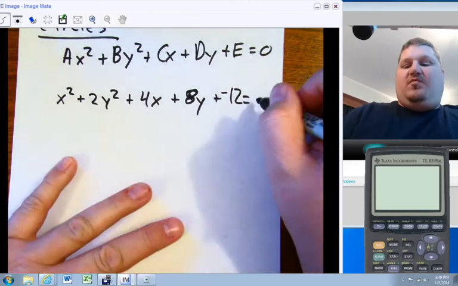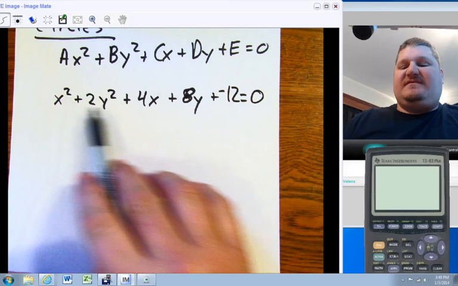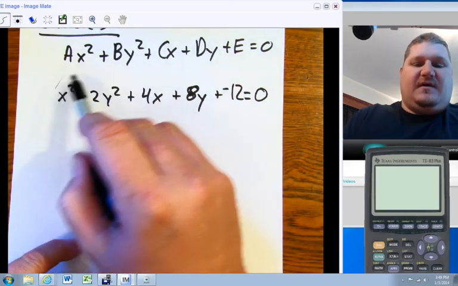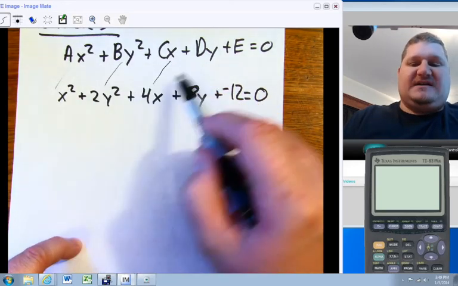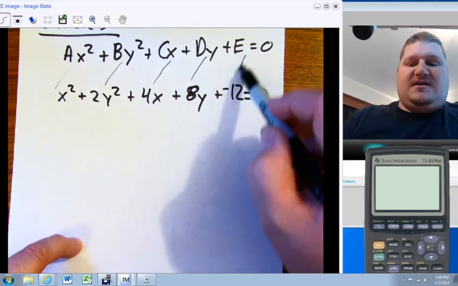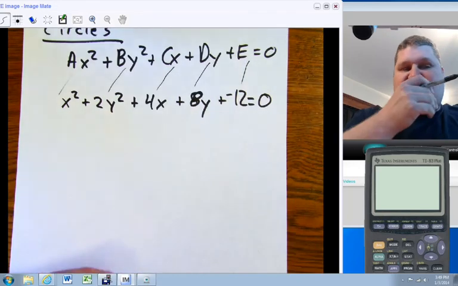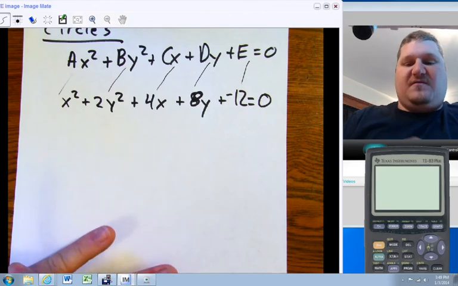Okay, with that, we have something that looks very much like our standard form. We have an x squared term, a y squared term, an x term, a y term, and a number term. Now, the problem is it doesn't look much like our general form or our standard form of a circle.